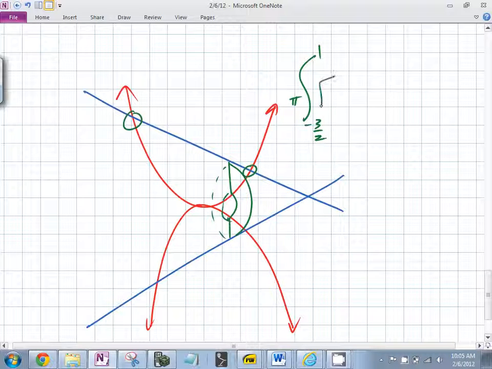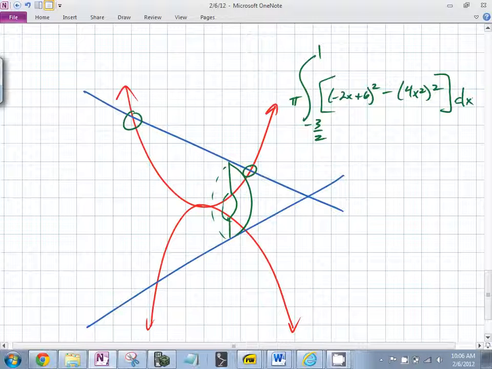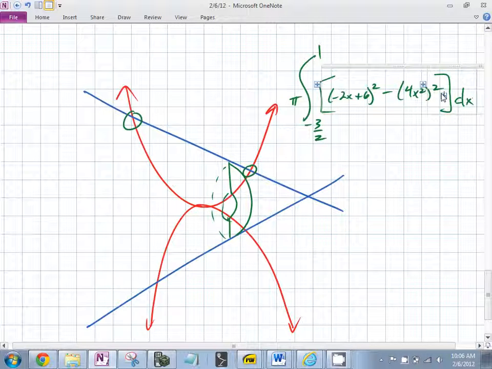That's important. Dx, right? Our bigger radius is the blue one, so that was negative 2x plus 6, squared, minus what was the lower function? 4x squared, squared. Is that a little bit easier to do out? Yeah, it is. Theoretically, should you come up with the same answer? Yeah. When you're given a choice, visualize the slice, visualize the shell, and pick one.